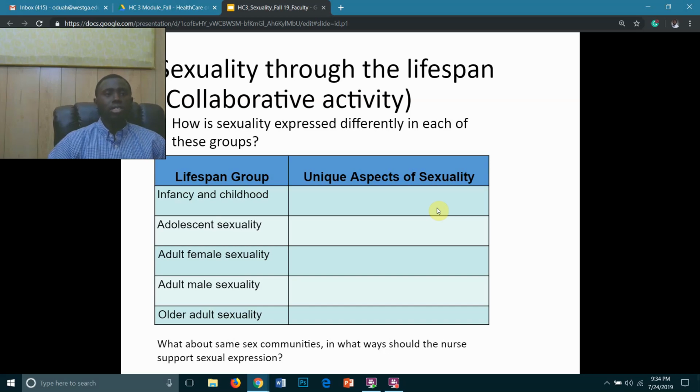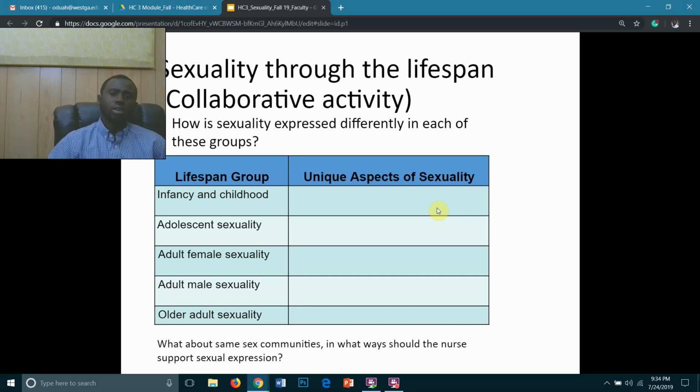Infants of both sexes have been observed to fondle their own genitals, and this is a natural form of sexual expression and arousal. The nurse should educate parents that attitudes and behaviors they demonstrate, such as shaming a child when they are fondling, will affect the child's sexual development and gender identity.